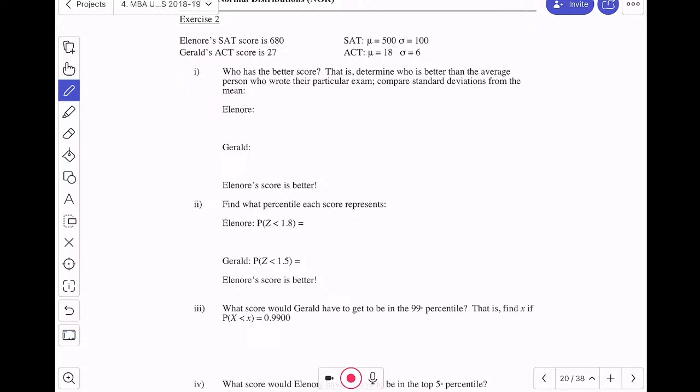So these are the parameters. For the SAT, that's going to be normal with a mean of 500 and a standard deviation of 100. And for the ACT, a different test, the mean score for students taking it is 18 and the standard deviation is 8. So after taking all the results into account, they're able to come up with these measures.